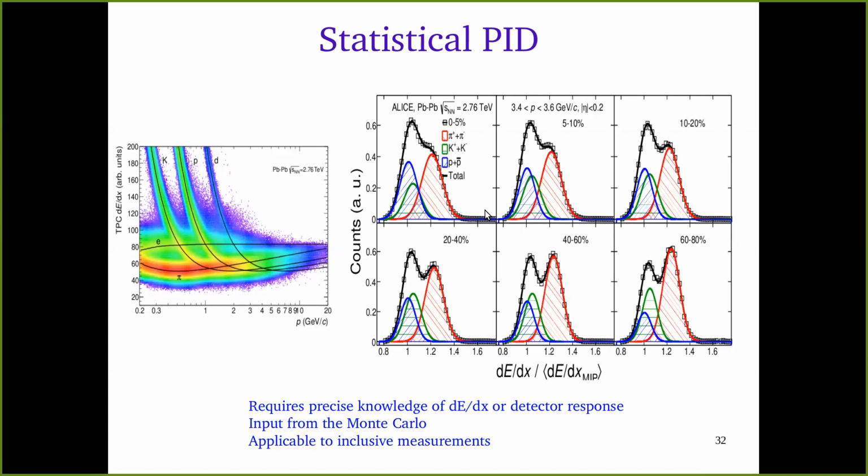If I have a Monte Carlo sample which also reproduces a similar dE/dx, what are the centroids, or the centers of pion, what is the mean position of kaon, and what is the mean position of proton.